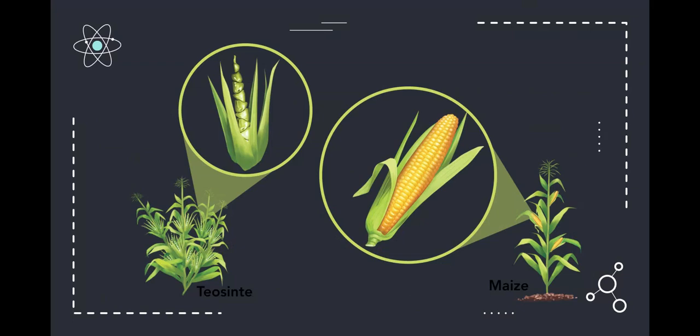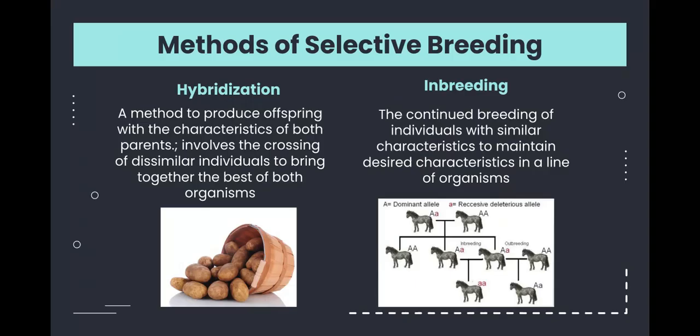They bred it multiple times to eventually turn it into the corn plant that we know of today. And this is just one example of selective breeding that has occurred all over the world thousands of years ago, and again, as I said before, occurring today.